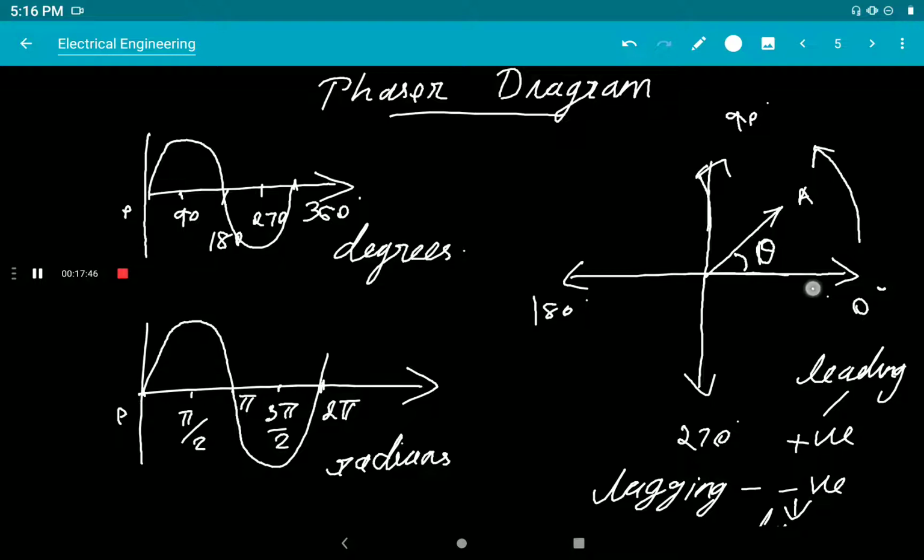So a lagging wave is measured in the clockwise direction from 0 degrees. If the waveform is lagging, we mark the phasor or vector by measuring the angle in the clockwise direction. If it is a leading vector, we measure that angle in the anti-clockwise direction.